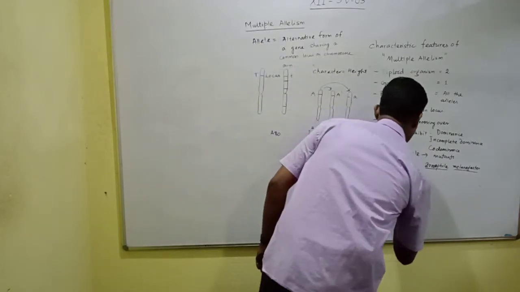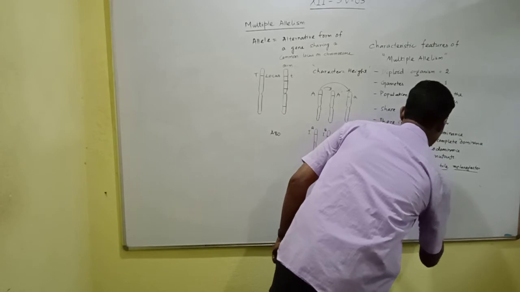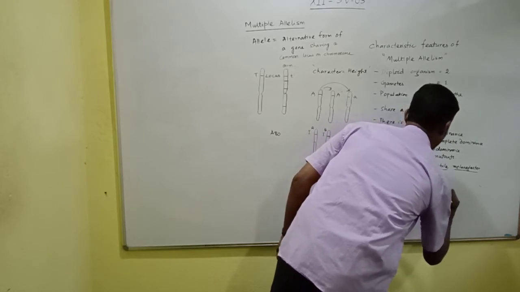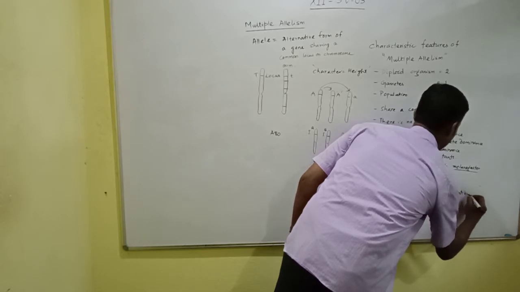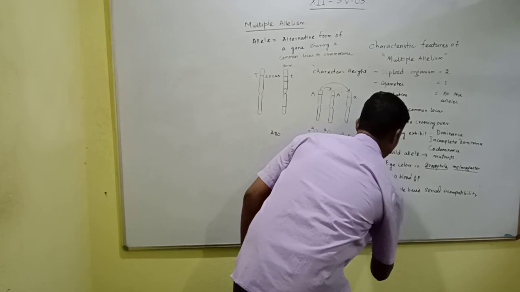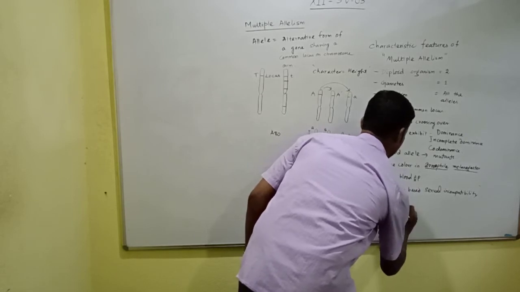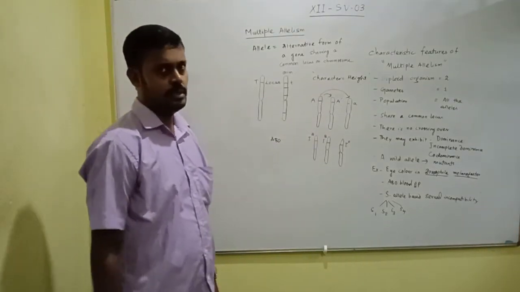Number 3 is S allele based sexual incompatibility. It has four such alleles: S1, S2, S3 and S4.